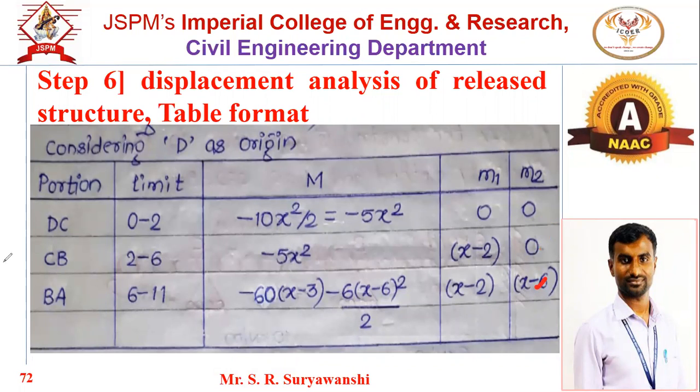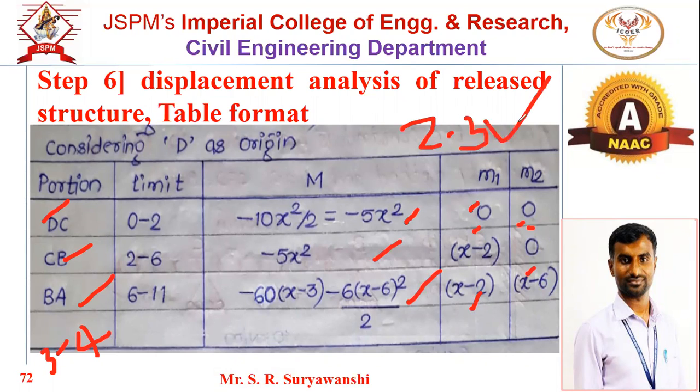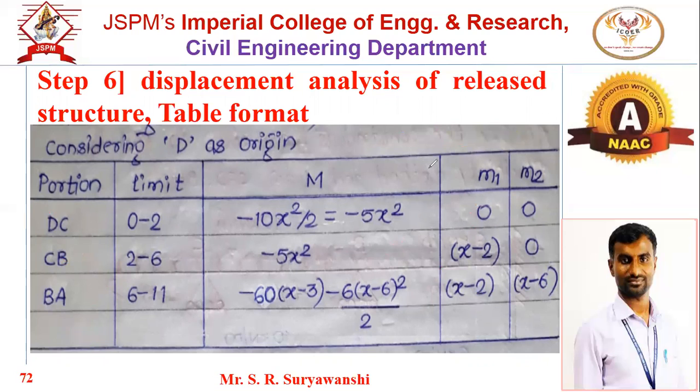So for this table format, in an offline examination, the marks will be minimum 3 to 4 for correctly writing all the bending moment equations. And for drawing the M diagram, M1 diagram, M2 diagram, the weightage will be 2 to 3 marks in between. But for the current semester, the exam may be in online mode like our unit test. So you have to study each and every point from an MCQ examination point of view.